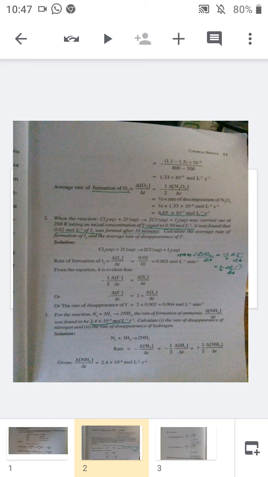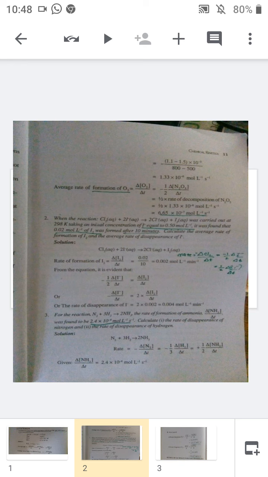Here we can see that 1 mole of I2 is formed, and we know that initially the concentration of I2 is 0, and after 10 minutes the concentration is changed to 0.02 mole liter inverse. So delta I2 divided by delta T is equal to 0.02 divided by 10. So the rate of formation of the I2 is equal to 0.002 mole liter inverse minute inverse.